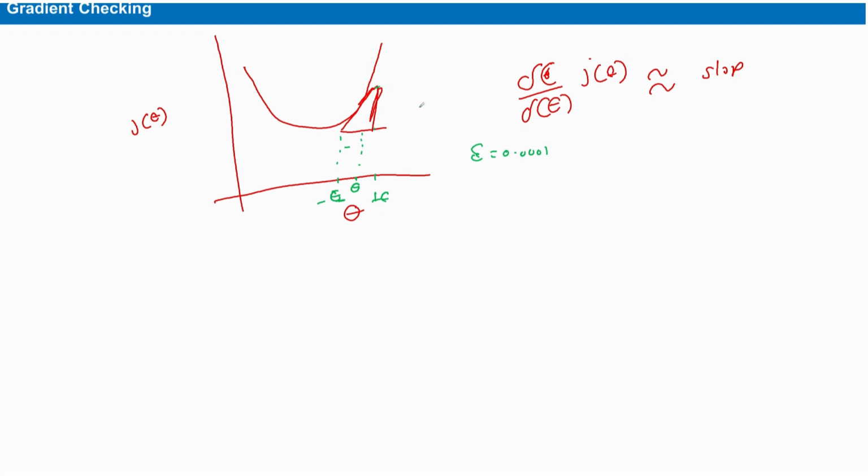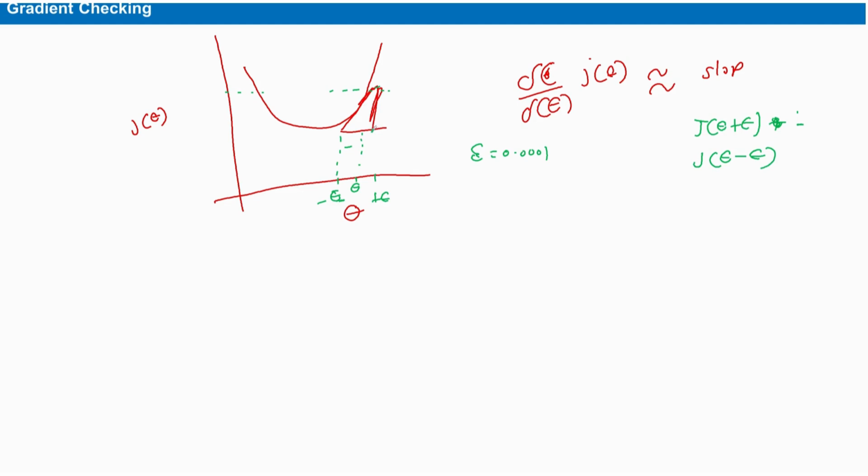it is the cost with respect to theta plus epsilon, minus the cost with respect to theta minus epsilon.